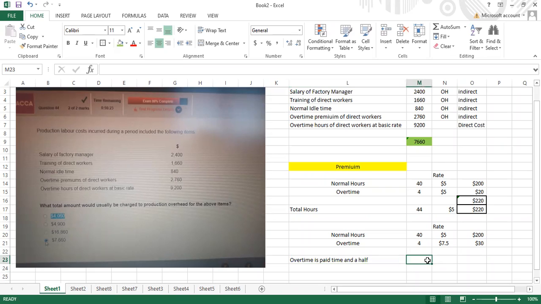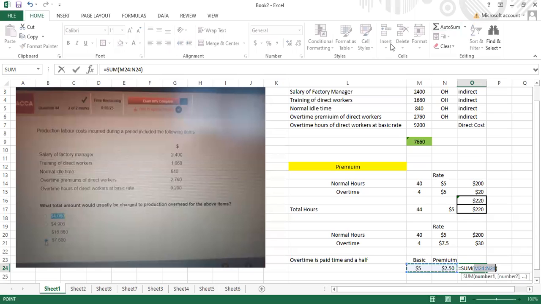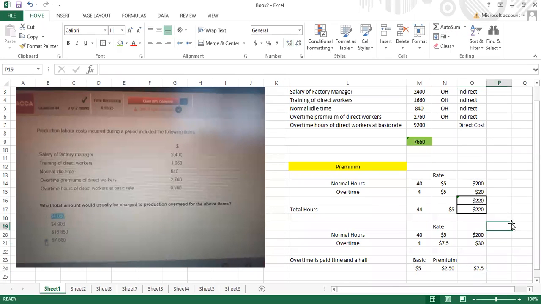It means the usual basic plus premium. So 5 is the basic rate they are going to get, and then the premium is 2.5. The premium is based on this time and a half. So time is full and time and a half means 2.5. When you add these two up, you will get the answer in decimal, 7.5, you see.